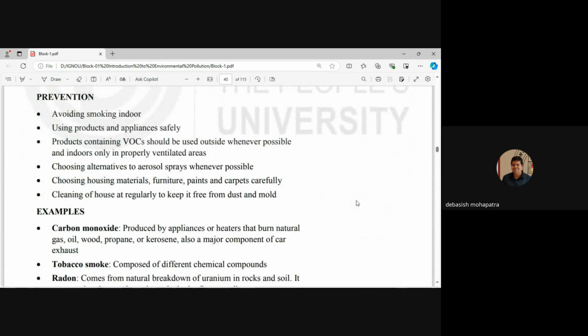Then prevention: avoid smoking indoors, use products and appliances safely. Products containing VOCs should be used outside wherever possible, and indoors only in a properly ventilated area. Choose alternatives to aerosol spray whenever possible. Choose housing material, furniture, paints, and carpets carefully.